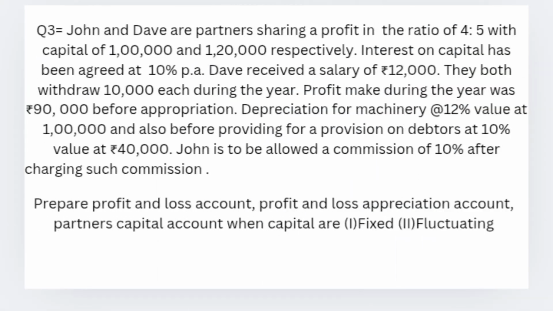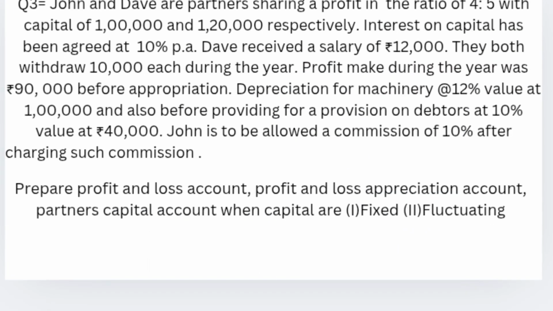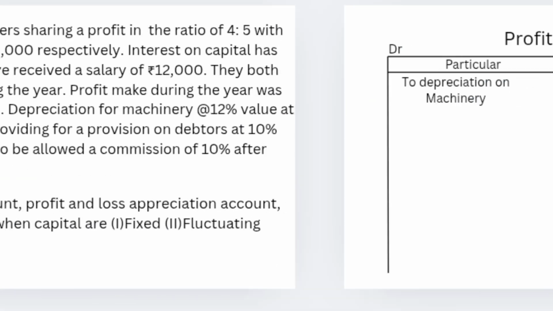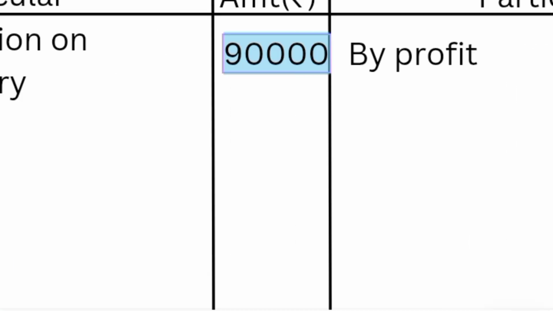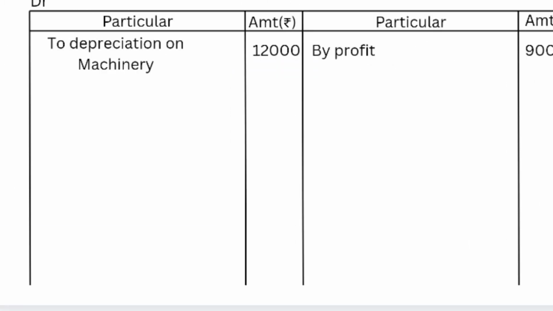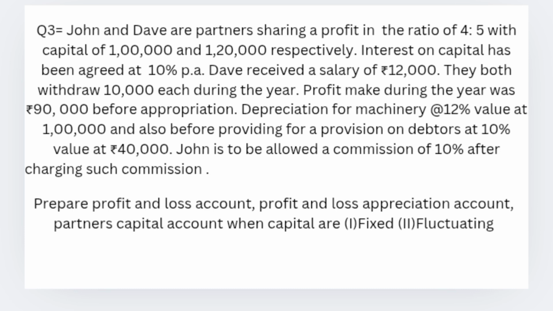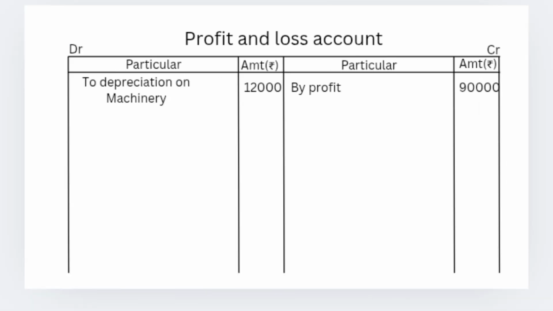So 12% of 1 lakh, we get 12,000. The next item is the provision on debtors, which is 10% for 40,000. So we get 4,000.